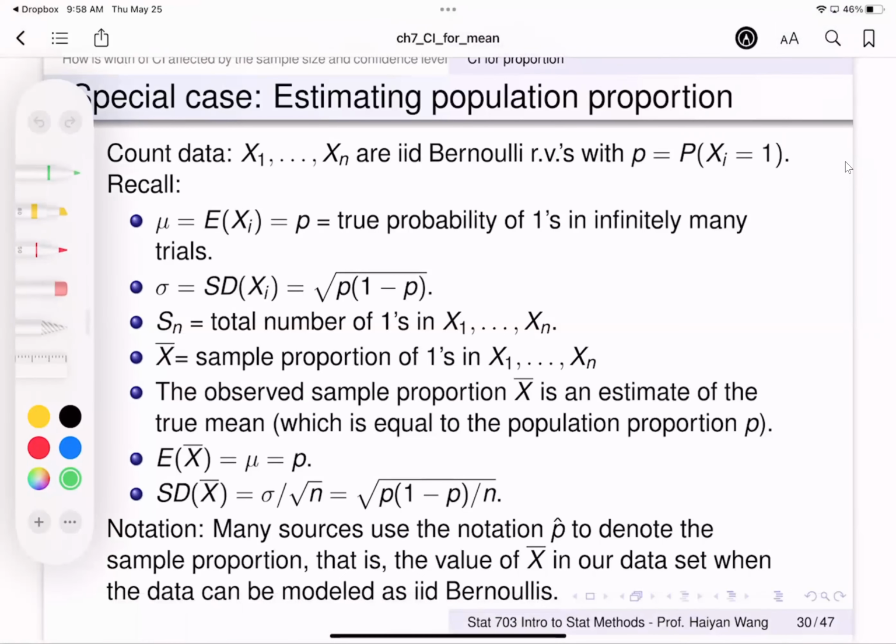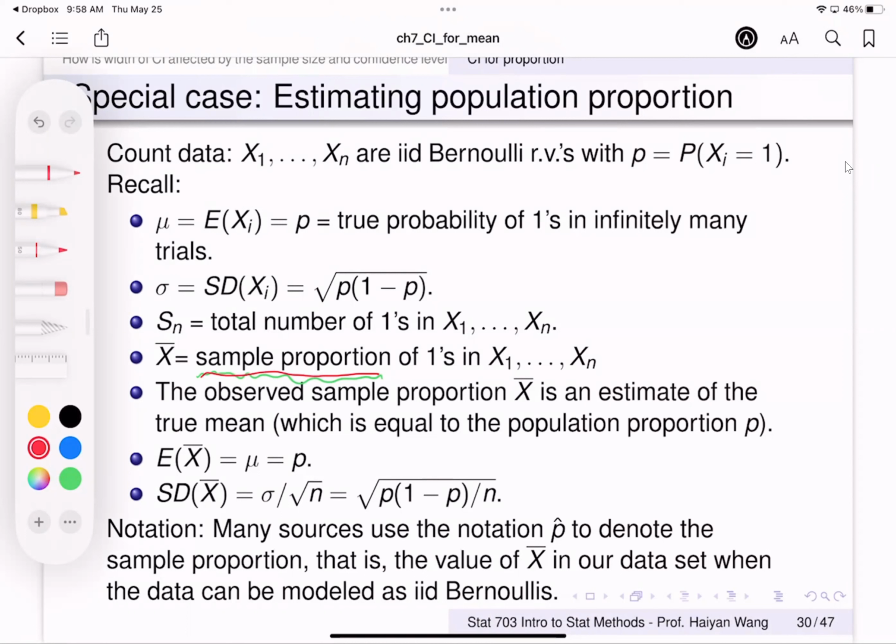This phrase, sample proportion, I will use frequently from now on. Whenever I say sample proportion, I simply mean the average of these observed Bernoulli random variables. The observed sample proportion is an estimate of the population proportion. This population proportion is something unknown, but we would like to know its value.